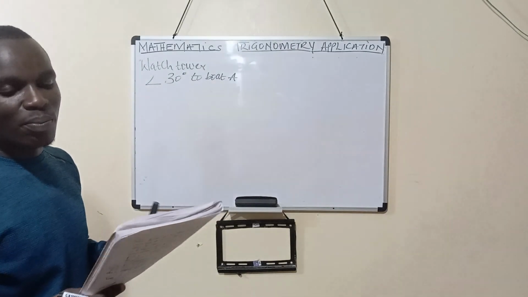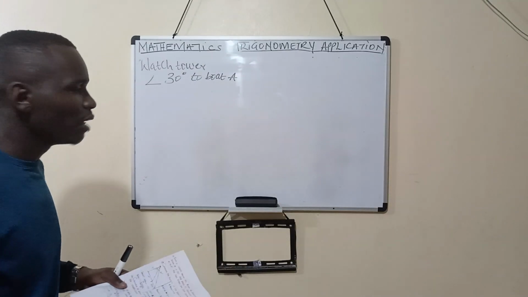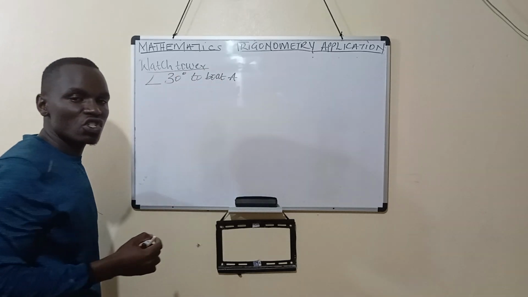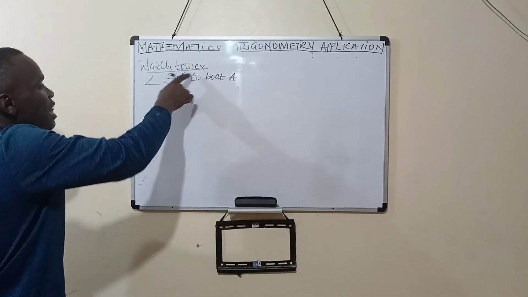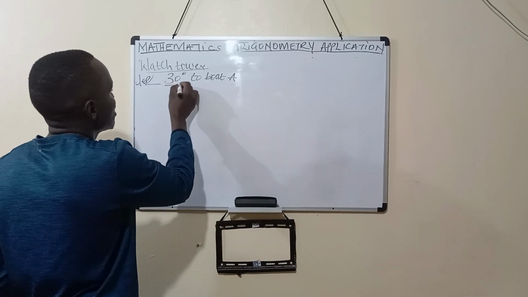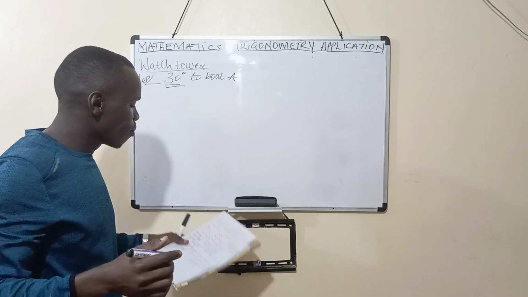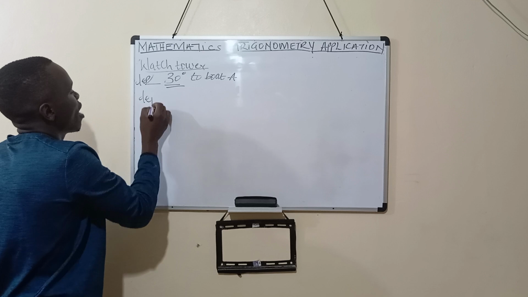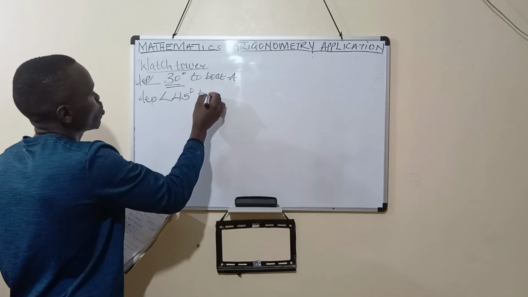And the angle of depression to boat B, from the watchtower, this is boat A, then we have depression of 45 degrees to boat B.